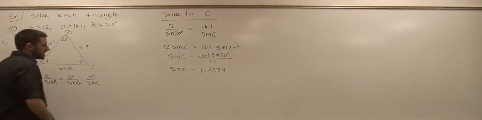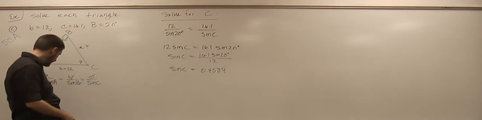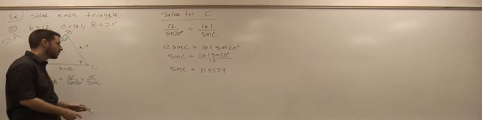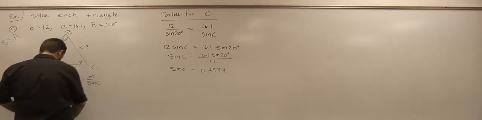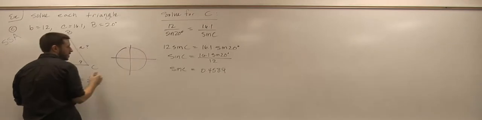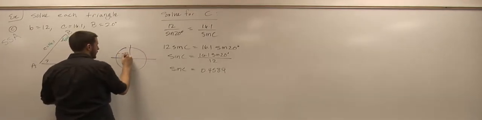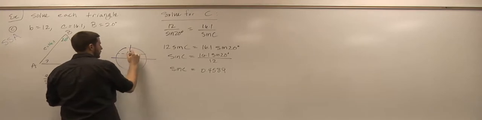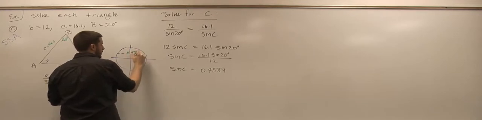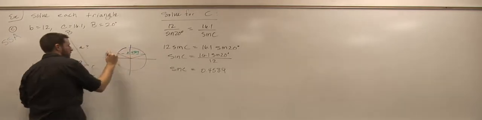So then, how do I get C? Yeah, you gotta be careful, right? How many answers am I expecting for C here? 2, right? You have one in the first quadrant, one in the second quadrant, always. The y value equal to 0.4589 is right here. So you can either be here or here.